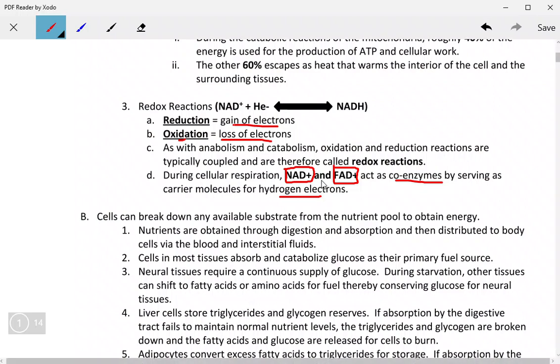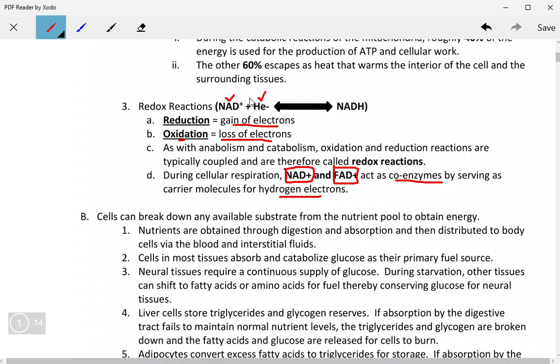So these coenzymes can undergo reduction reactions or oxidation reactions. So I'm going to give an example, okay? So here is NAD plus, in its oxidized form. And suddenly here comes a hydrogen electron. Yes, this is how we denote the hydrogen electrons.